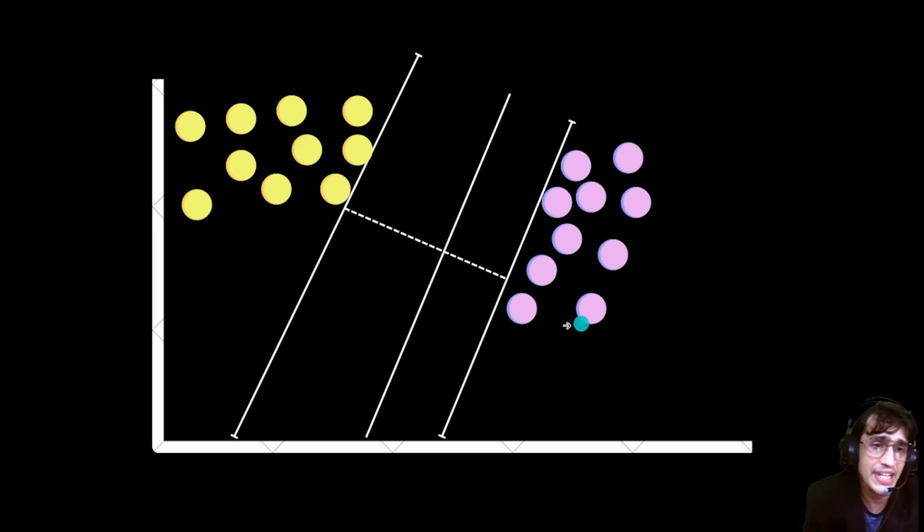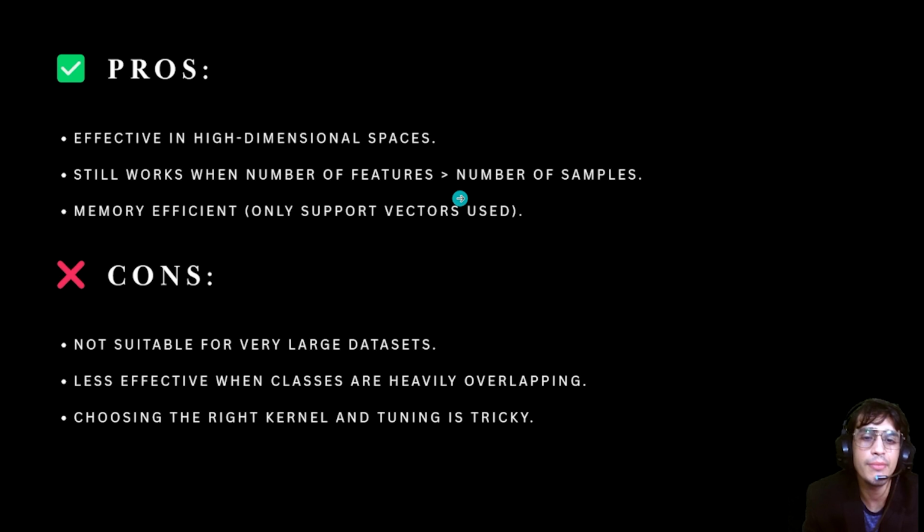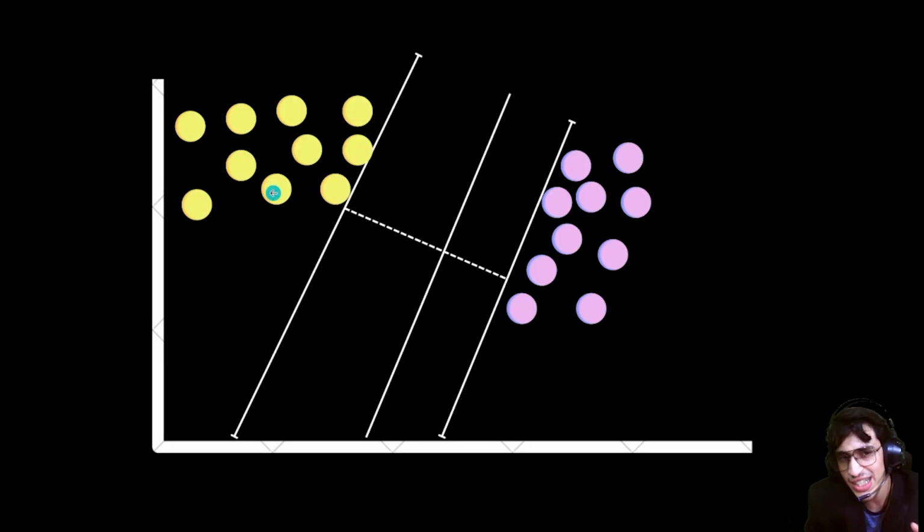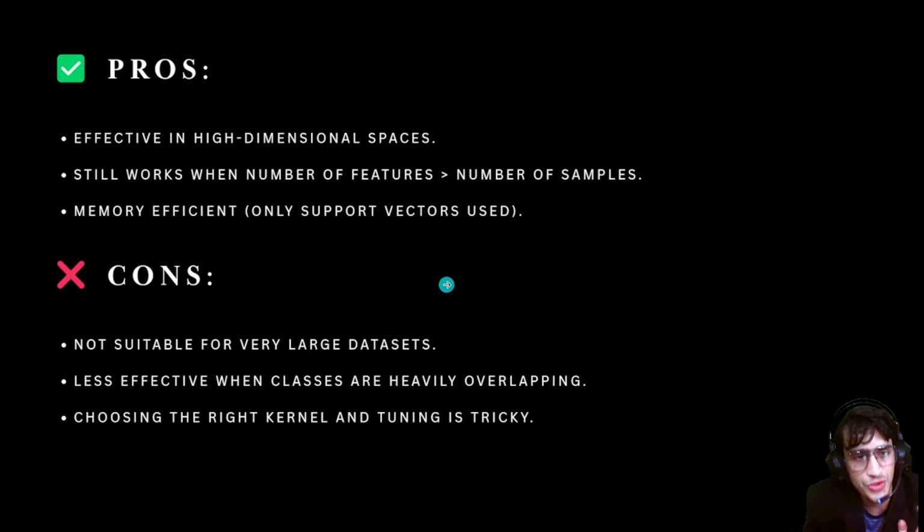Let's say this ball has 50 features. SVM generally doesn't overfit. So this is one pro: even if we have many more features than samples, like only 20 samples and 50 features, it doesn't overfit. It is also memory efficient, as it only uses support vectors.